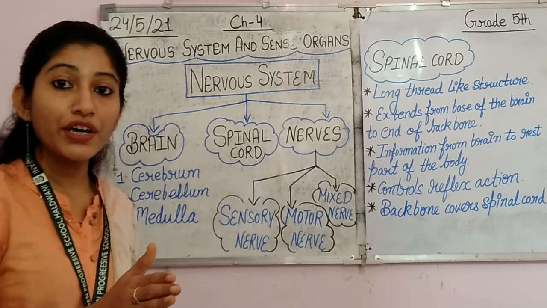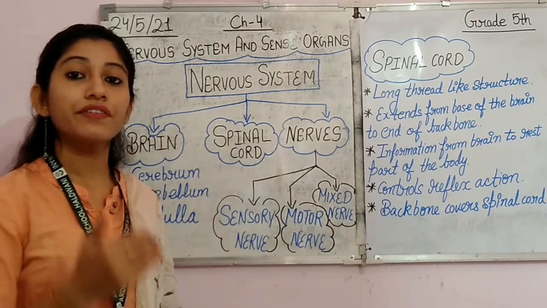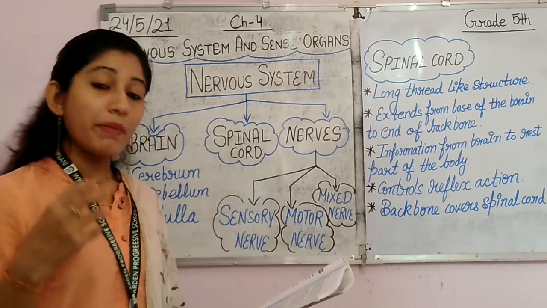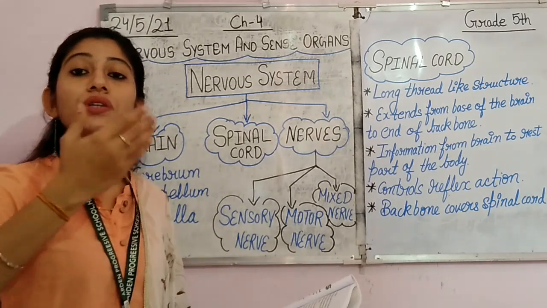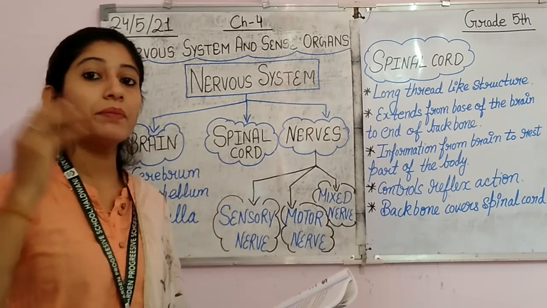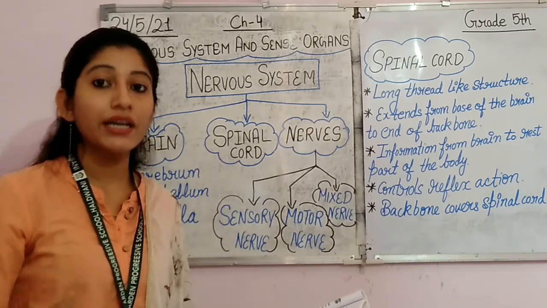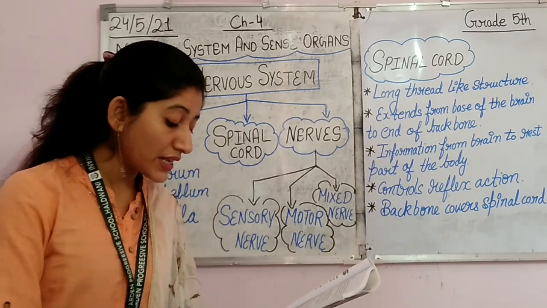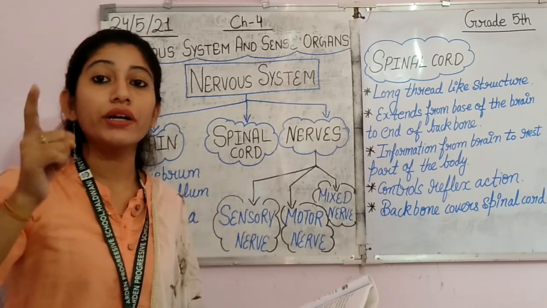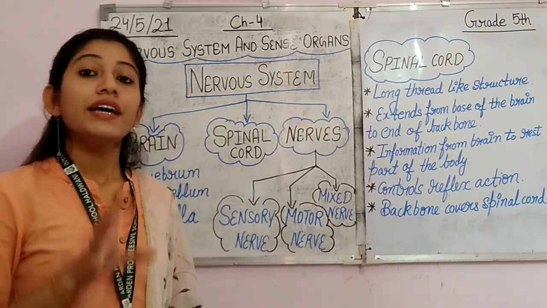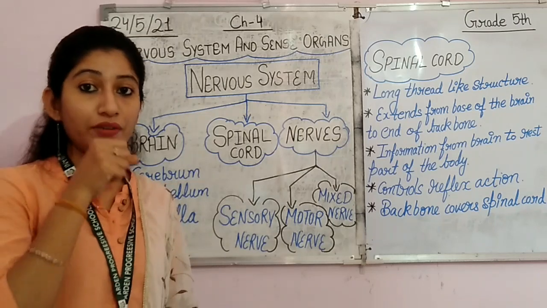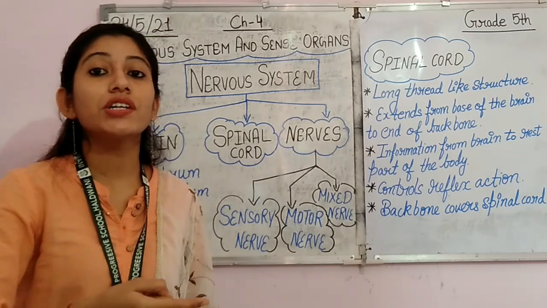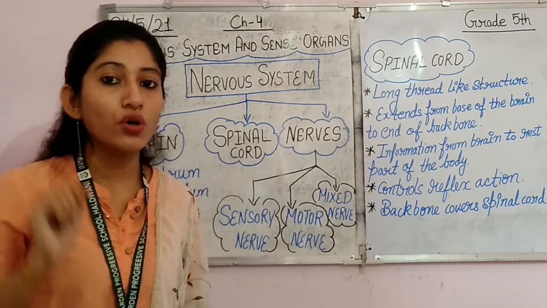So we come to know that the sensory nerve connects the sense organs and brings messages from the sense organs to the brain or the spinal cord. Okay, the sensory nerve brings the message from the sense organs to the brain and to the spinal cord.